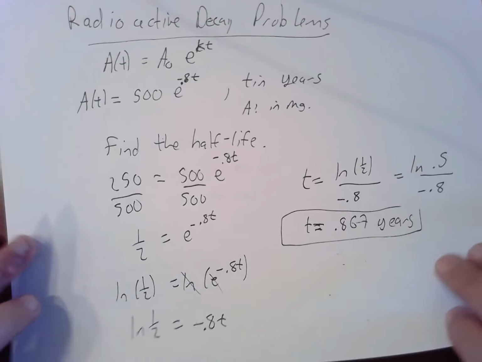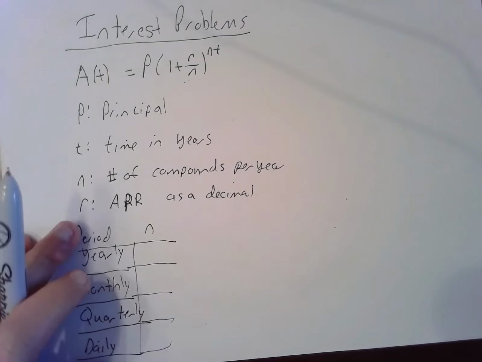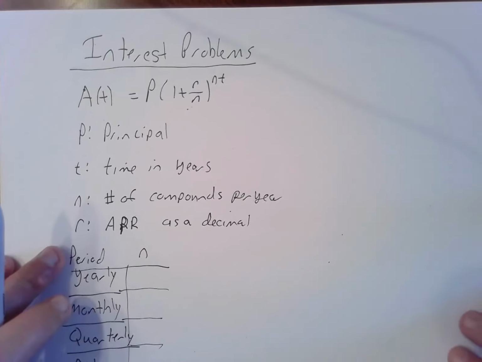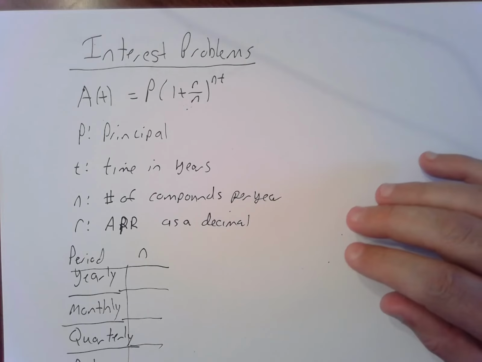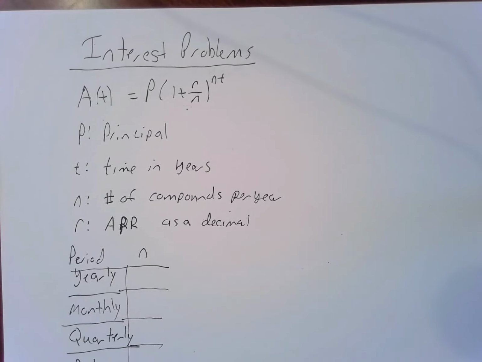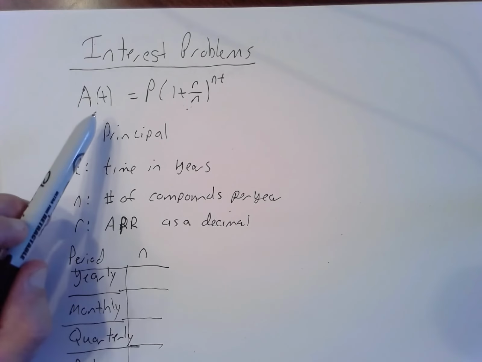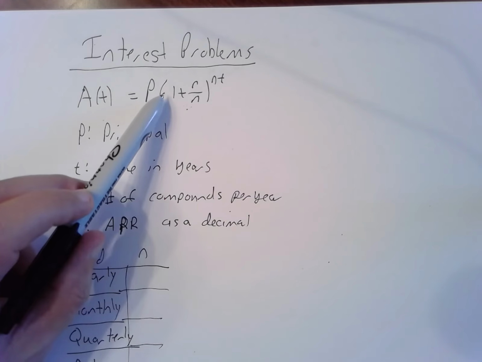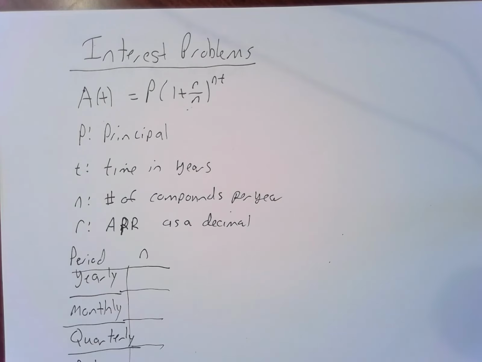Okay. Our next kind of problem are interest problems. Compound interest. So our formula for compound interest is the amount of money you have after some time is P times 1 plus r over n raised to the nt. P here is your principal. It's the amount of money you began with.